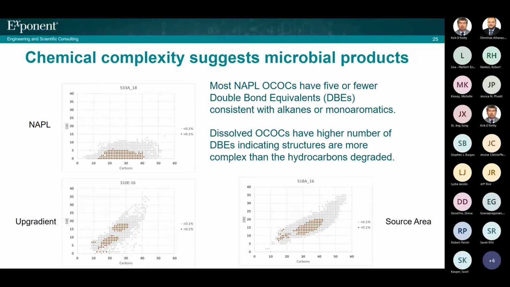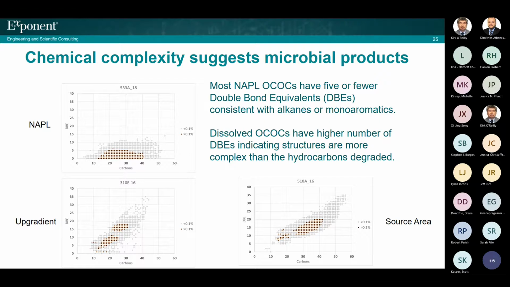We get a lot of data, and how to deal with it is always an issue. The one thing we look at is the chemical complexity, and we use a thing called double bond equivalence. I don't have time to go into exactly what that is, but basically compounds with higher double bond equivalence are more complex, they have more aromatic structure.